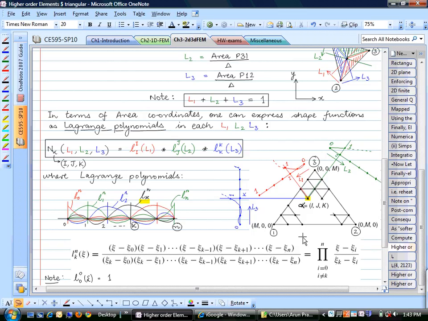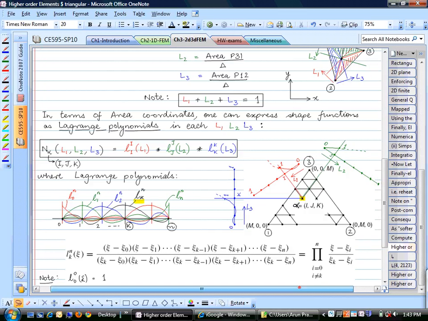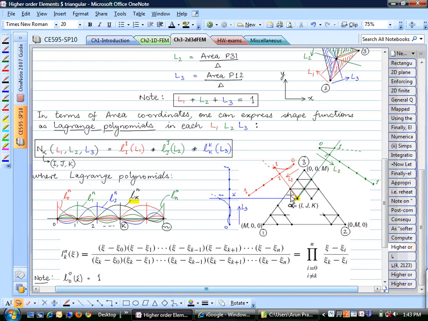L1, L2, L3 directions. And what we are saying is that this node can be represented as a combination of these indices. So we have 0, 1, and 2, which means I is equal to 2. Similarly, for the L2 direction, L2 goes from 0 to 1 in this direction, anywhere along this edge.